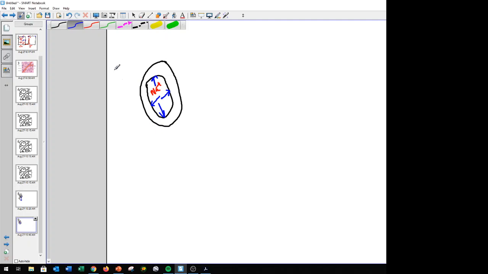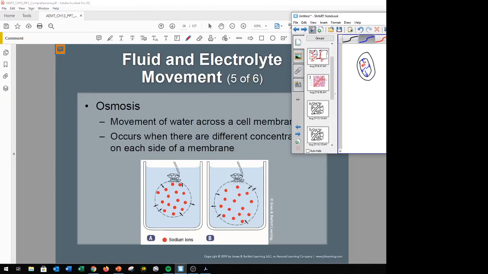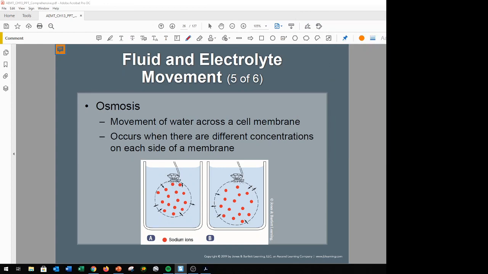So it drives metabolic functions. Let me go down one here. So when we increase the concentration of sodium, osmotic pressure increases the balance of volume and puts pressure on the cell wall. That's it.